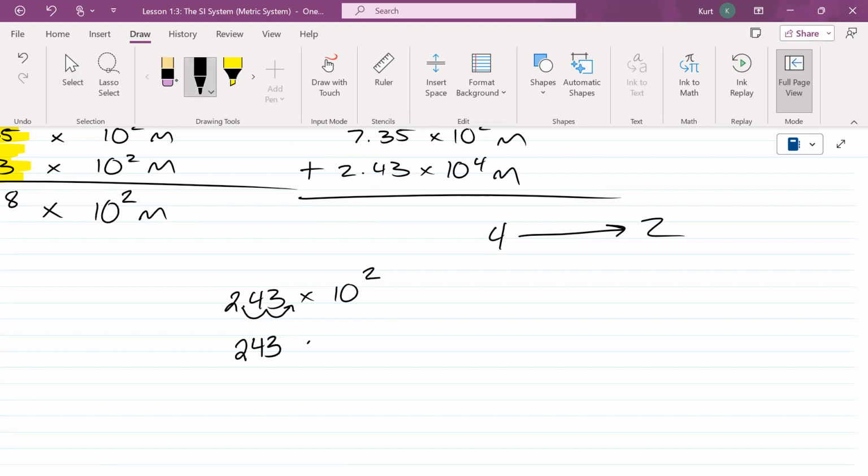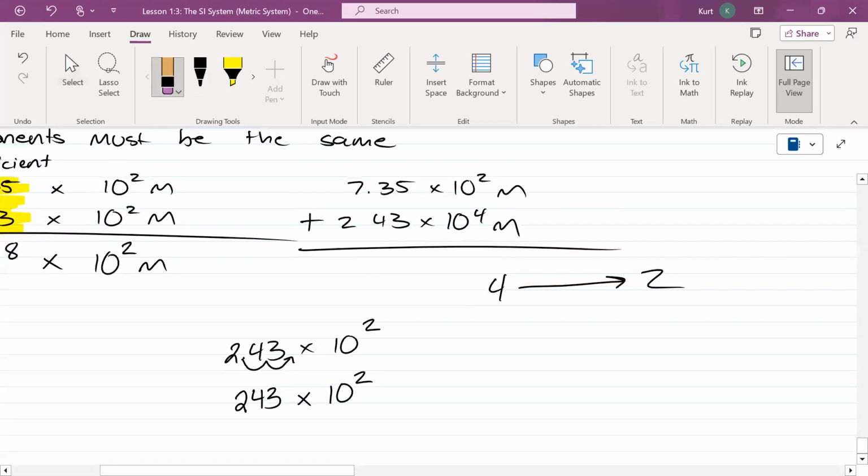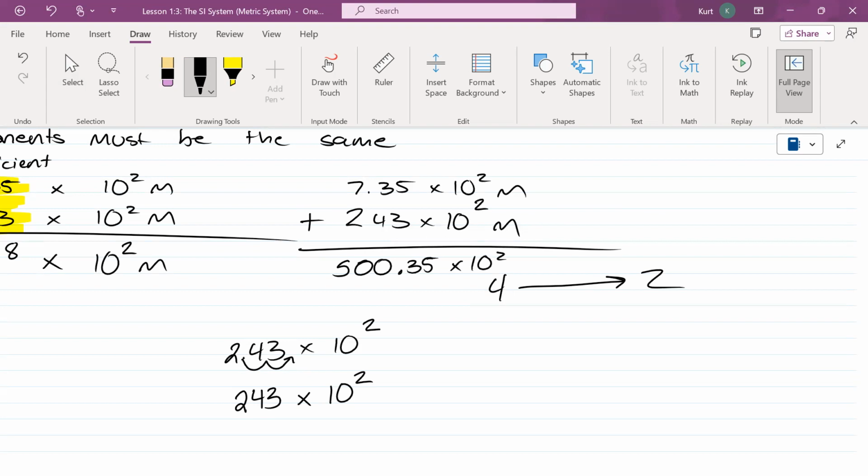So you'll have 243 times 10 to the second. And so now you'll have 243 plus 7.35. That's going to give you a 500.35 times 10 to the second.